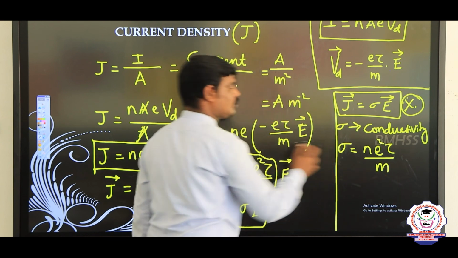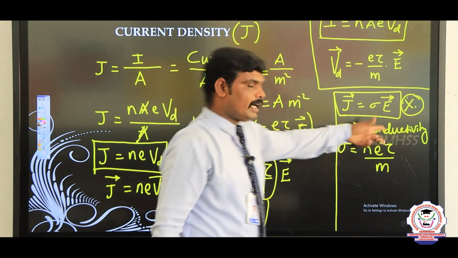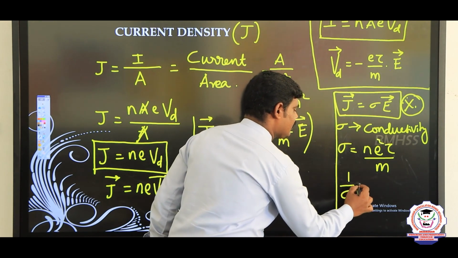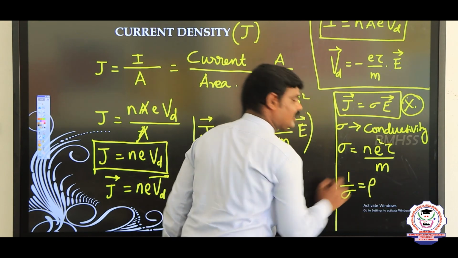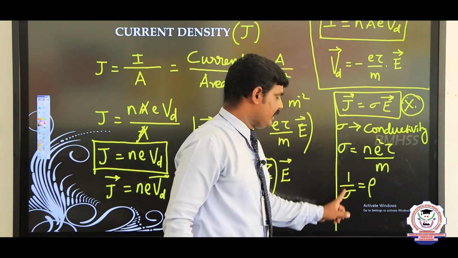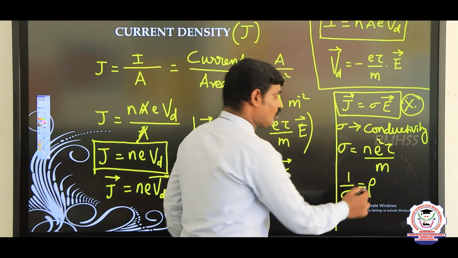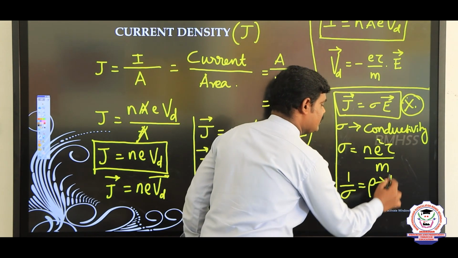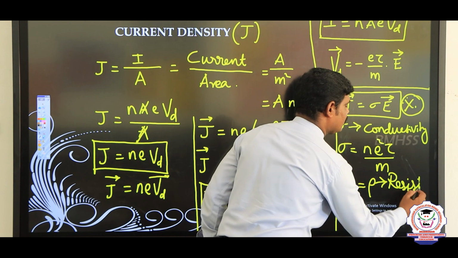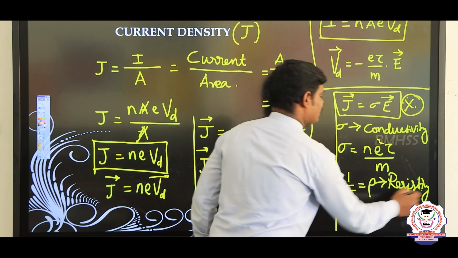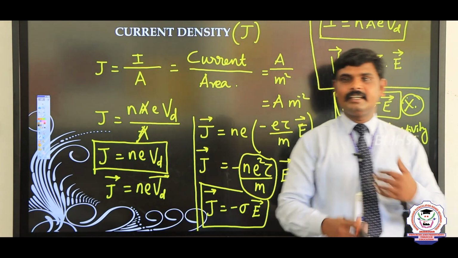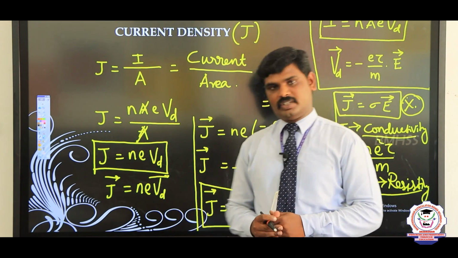The reciprocal of conductivity is called resistivity. So 1 by sigma is equal to rho, where rho is resistivity. We will discuss resistivity and conductivity in the next video session.